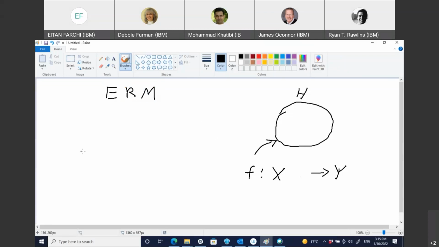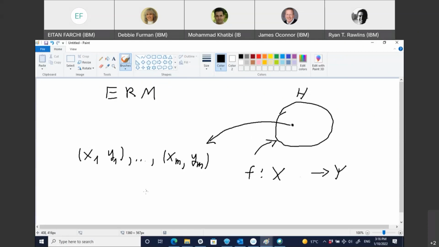So there's a space of possible functions, and I want to pick one of them. And the way I'm going to do it, I'm going to get a set of examples. This is the set of examples I'm going to get. And I'm going to go over all of these functions that I have here and pick the function that is best suited for this one.